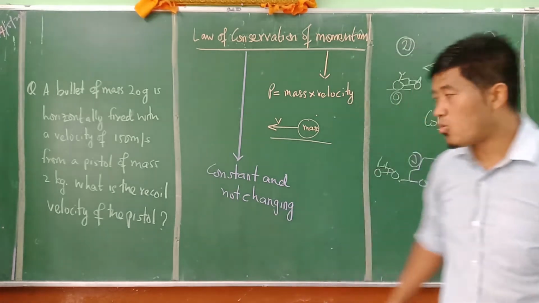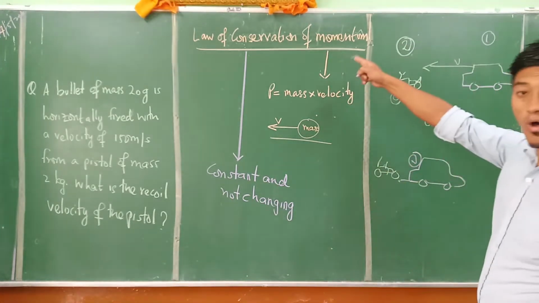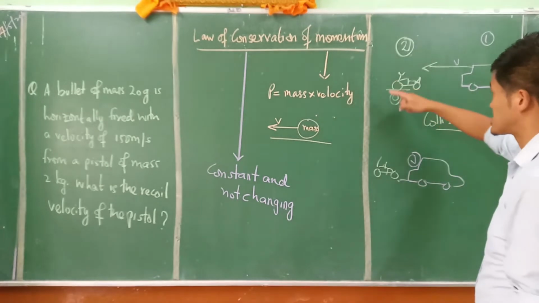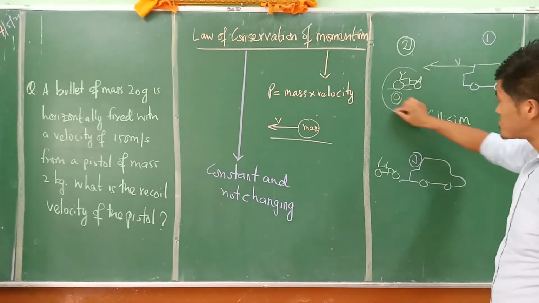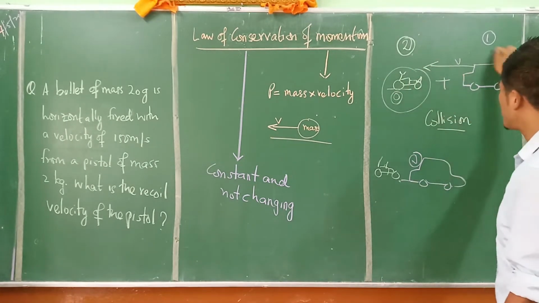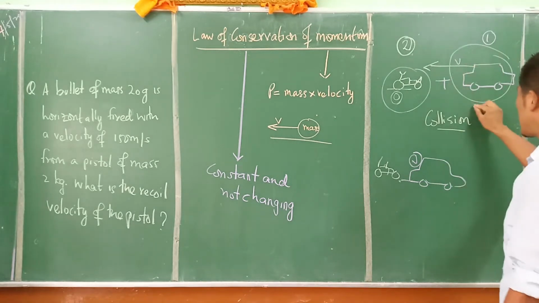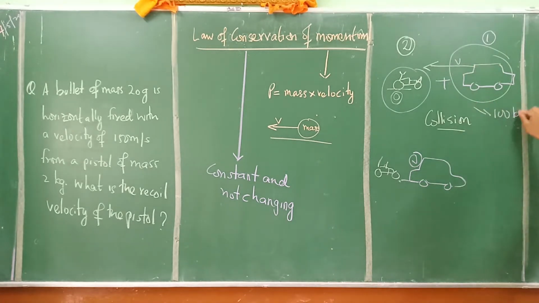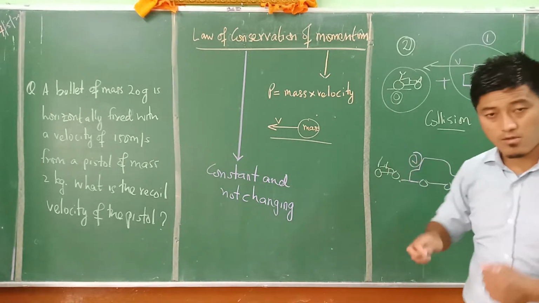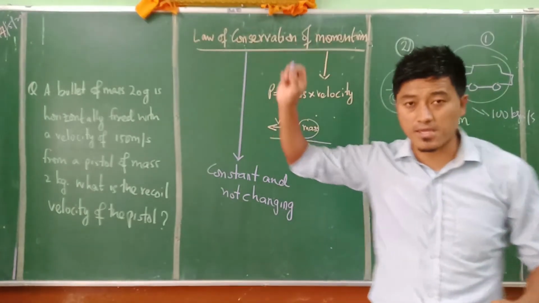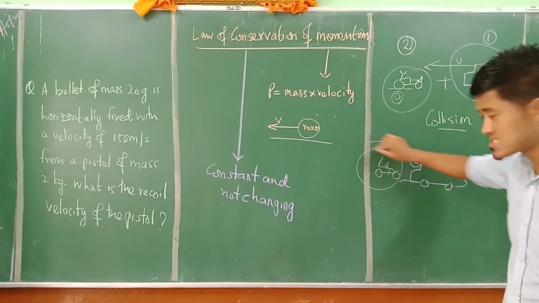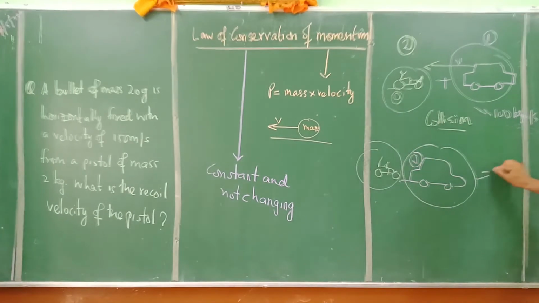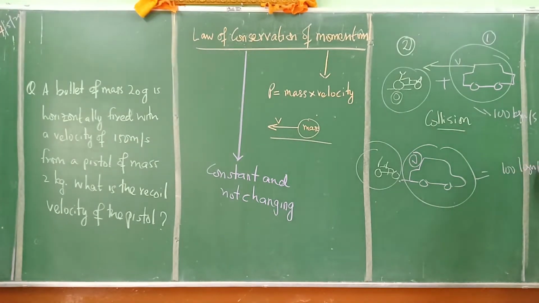Understand? According to the law of conservation of momentum, if the momentum of this object plus the momentum of this object is, let's say, 100 kg per second, then the momentum of the car and the momentum of the bike thrown away after collision should also add up to 100 kg per second.